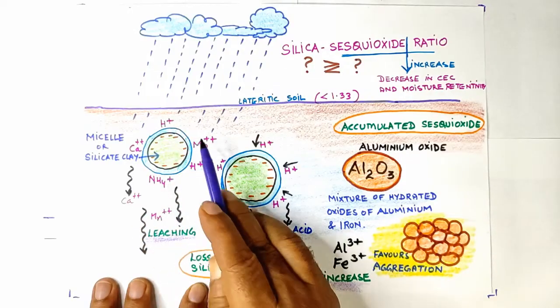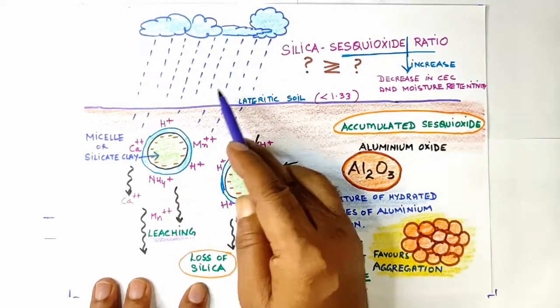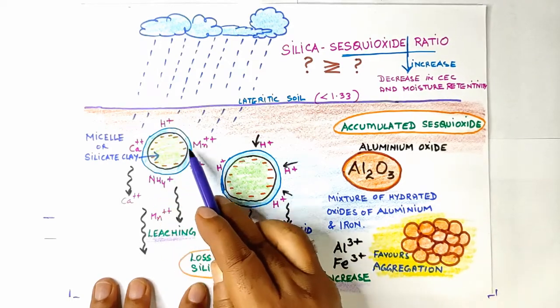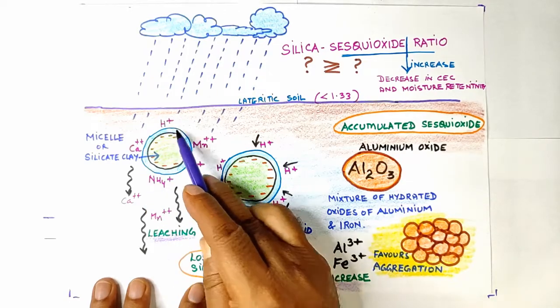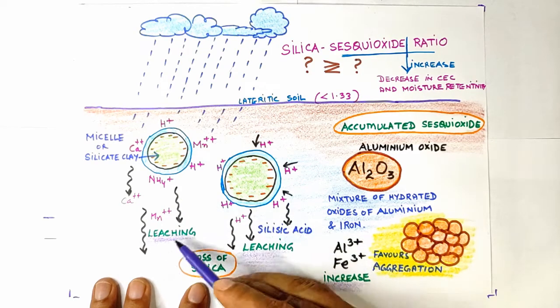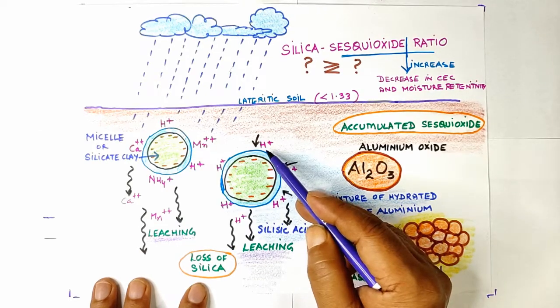In lateritic soil, a lot of rainfall happens. Here we have a silicate clay, or micelle, which has a negative charge, and then we have cations on the outer side. Due to high rainfall, what will happen? This will leach down, and the cations which have been leached down will be taken up by more hydrogen ions.